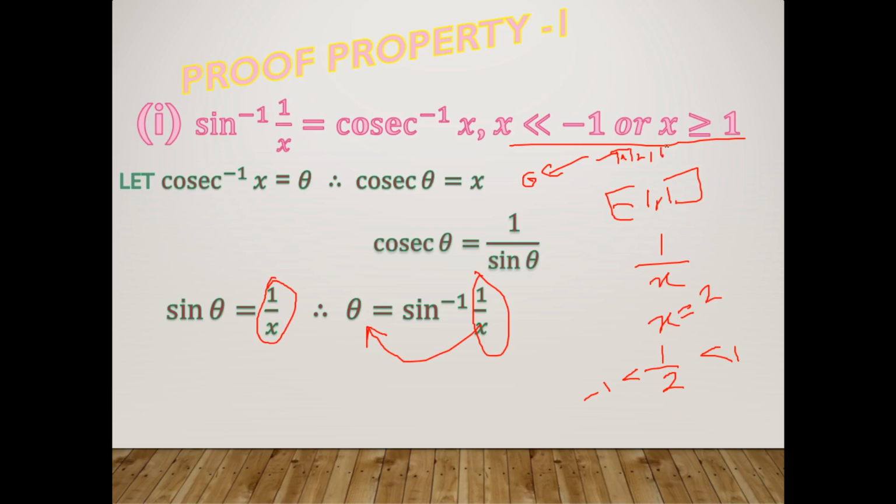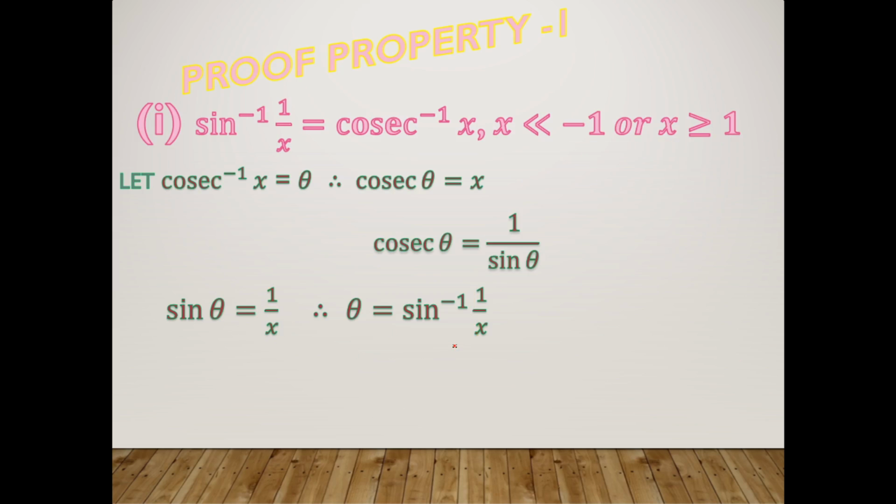So what is the meaning of this? This means that theta lies in the principal range of the sin inverse function, except 0. So theta lies in the principal range, this interval minus pi by 2 to pi by 2, right? That is the principal range of the sin inverse function. So this justifies the inverse we have taken here.